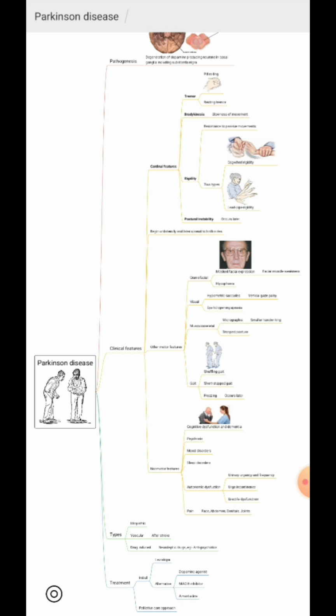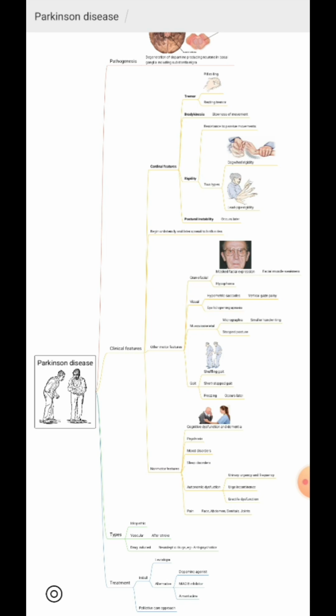So you should have an idea about the pathogenesis, that is degeneration of dopamine producing neurons in the basal ganglia, including the substantia nigra. And there are cardinal features: tremor, bradykinesia, rigidity, and postural instability. The clinical symptoms and signs occur initially unilaterally and later spread to both sides. And there are other motor features: craniofacial, visual, musculoskeletal, and gait.